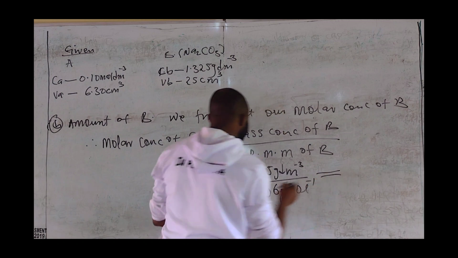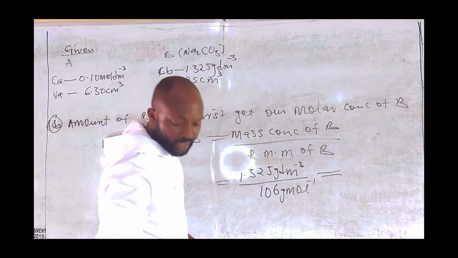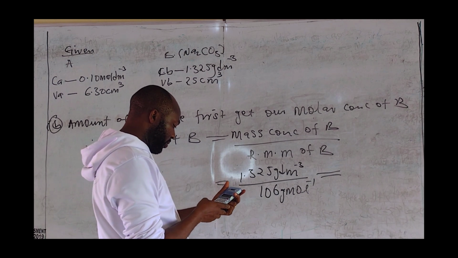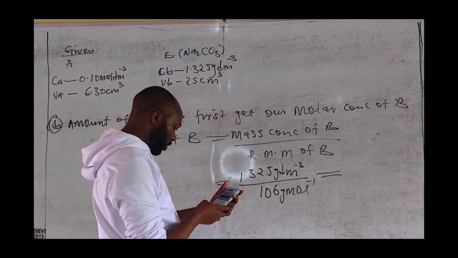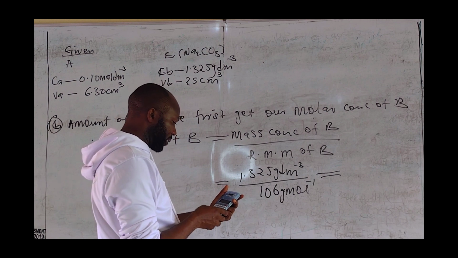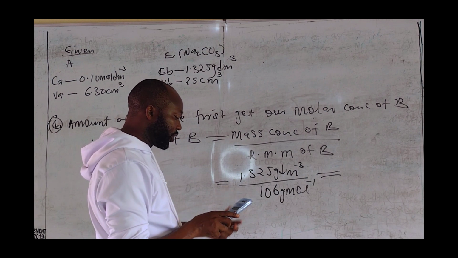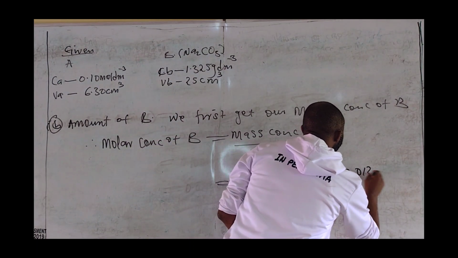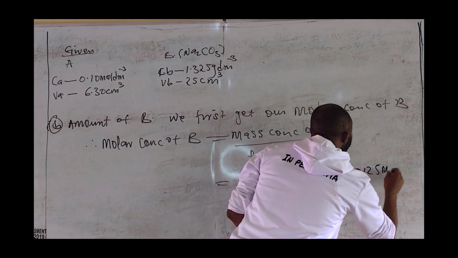So when we divide that, let's see what we're going to get. 1.325 divided by 106 is 0.0125. That is 0.0125 mole per dm3.